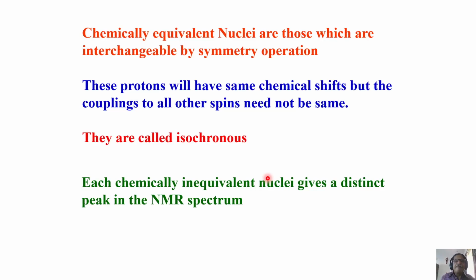Similarly, in a molecule, if there are n chemically inequivalent protons, you will get n chemical shifts. You understand? Let us say there are 6 different chemical shift functional groups in a molecule. I'm not taking into account the couplings. You must get 6 distinct peaks.